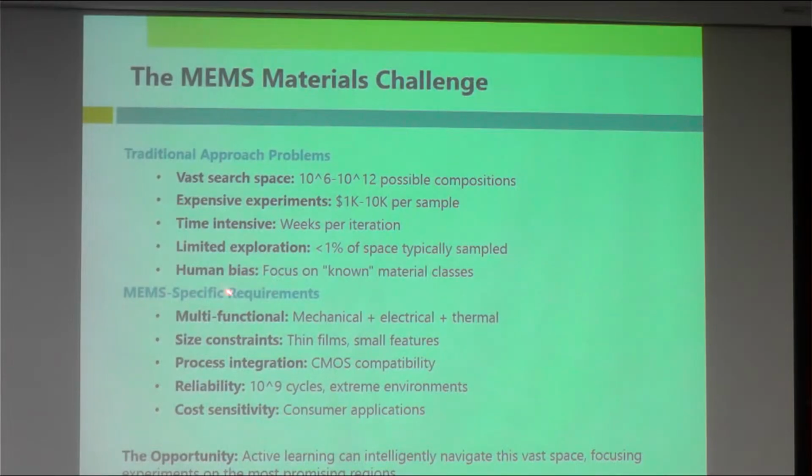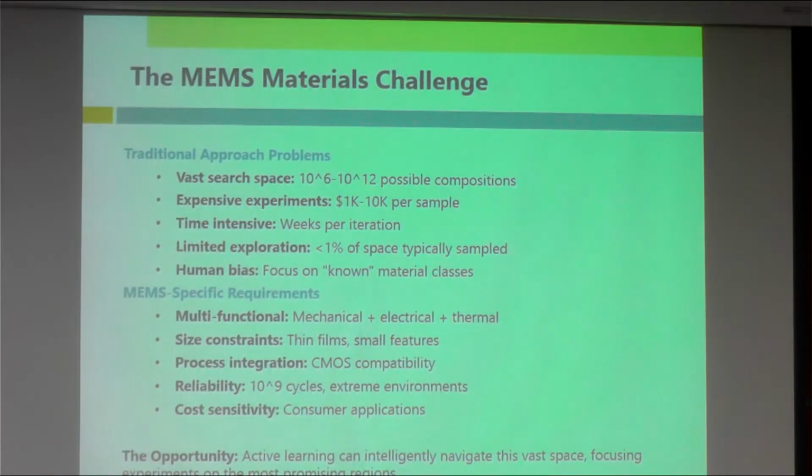And for MEMS specific requirements, for example, in a material for application in MEMS, we know that we are looking into materials for mechanical properties, electrical properties, and thermal properties. These can be a complex system, a complex property set that you need to look at to a certain extent at one time when we try to develop the material.